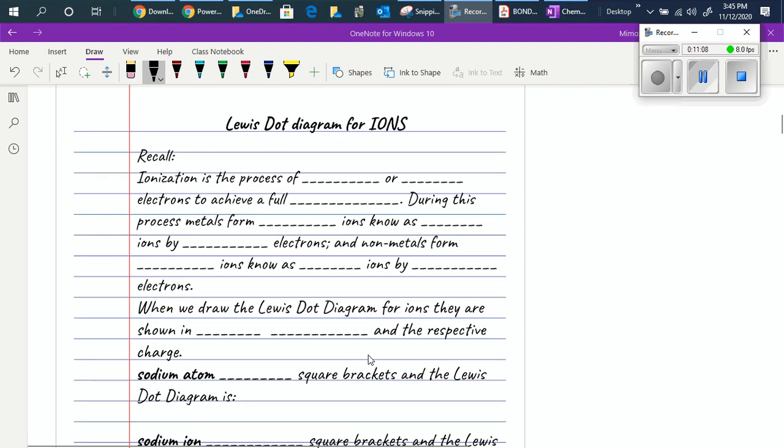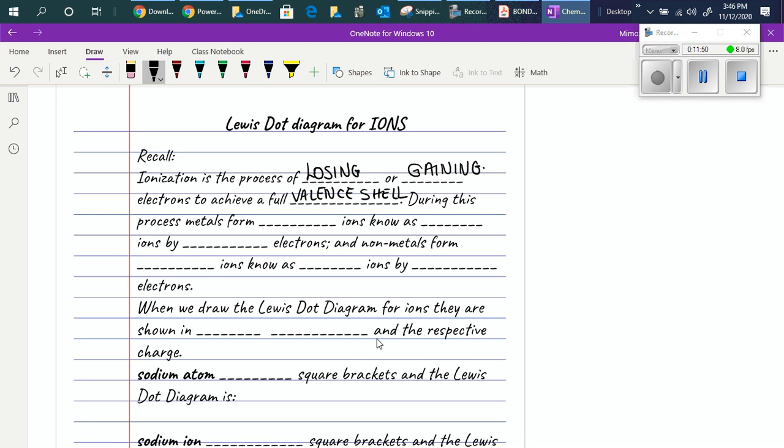Now let's take a look at how to draw the Lewis dot diagram for ions. Just to refresh your memory, ionization is the process where electrons are lost or gained to achieve a full valence shell, or outer shell. During this process, what is happening?